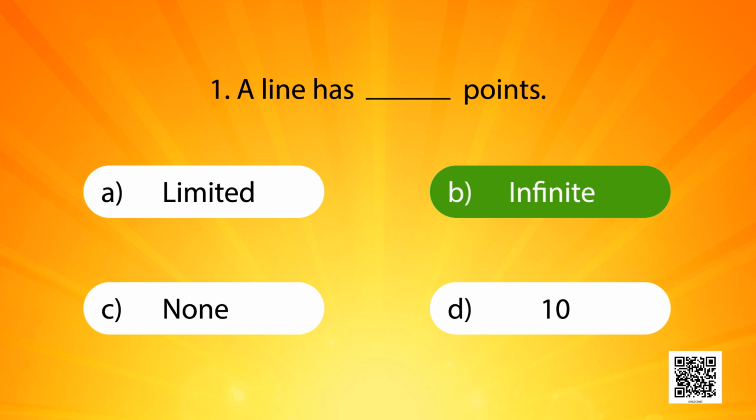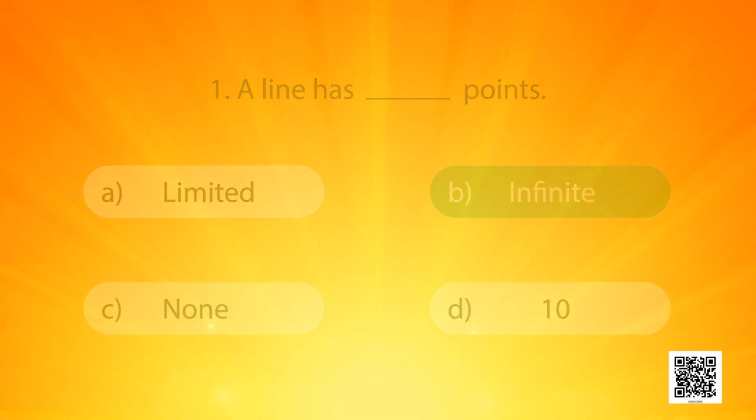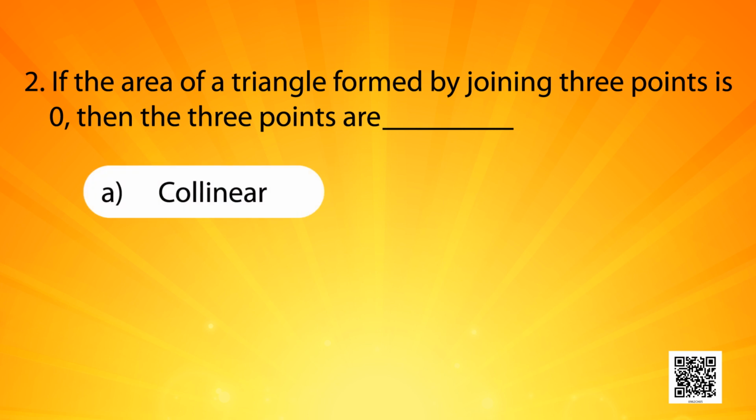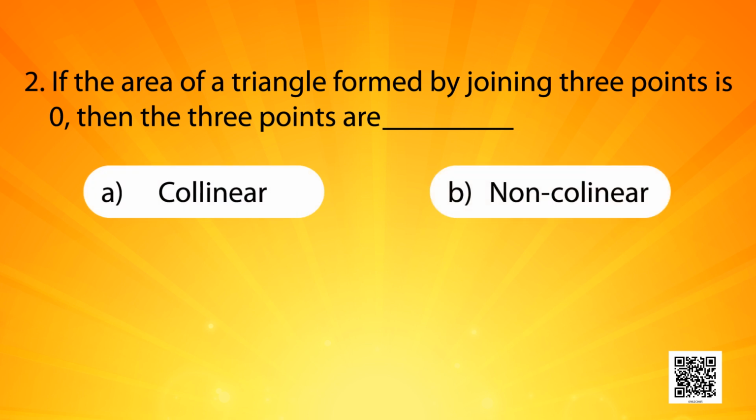Now let's see another question. If the area of a triangle formed by joining 3 points is 0, then the 3 points are dash. I am giving you options. First, collinear. Second, non-collinear. And third, none.